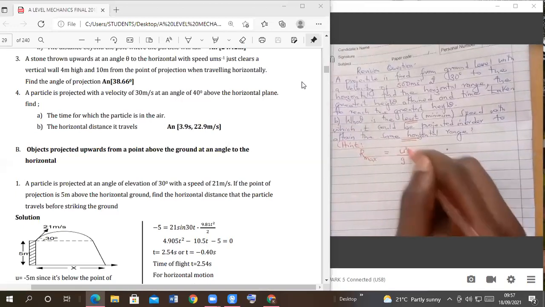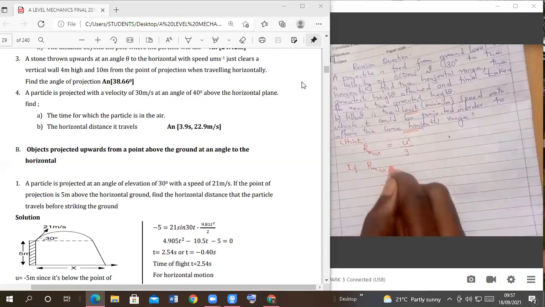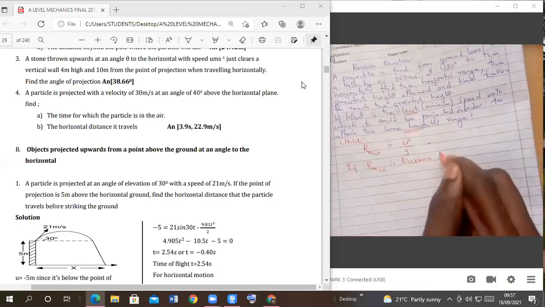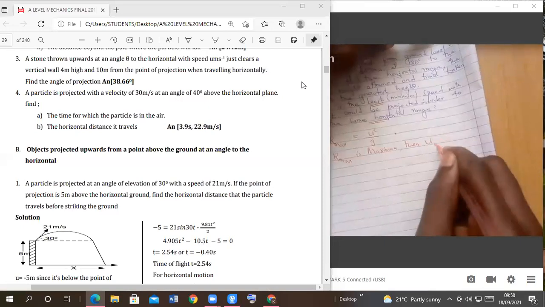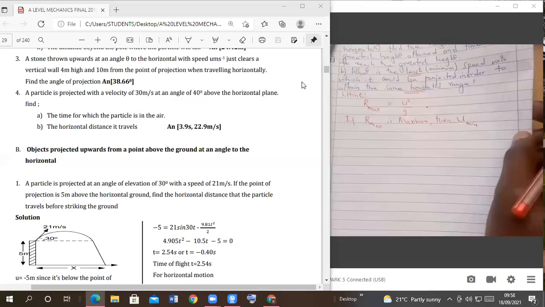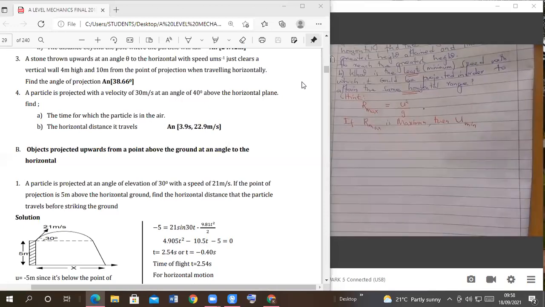So if R max is maximum, then U must be minimum. That's simple logic in mathematics. Those are things you must analyze. If this one is maximum, this one must be minimum.